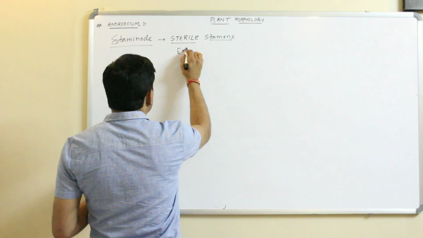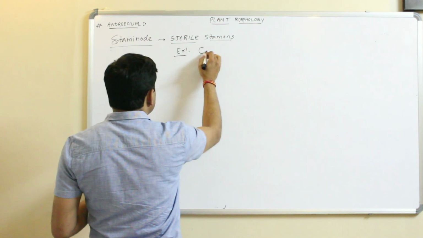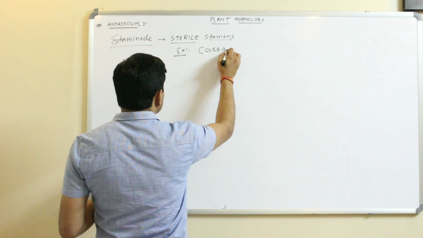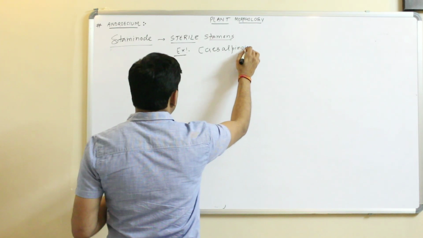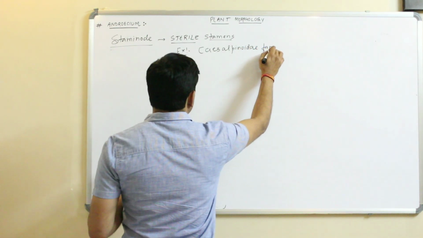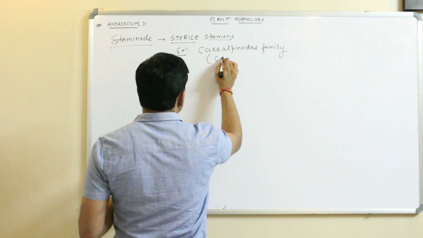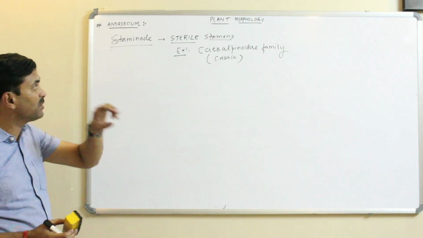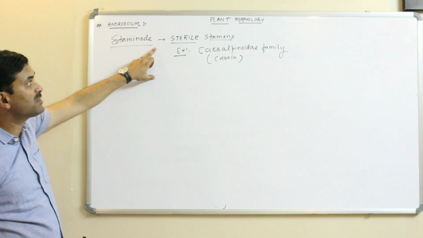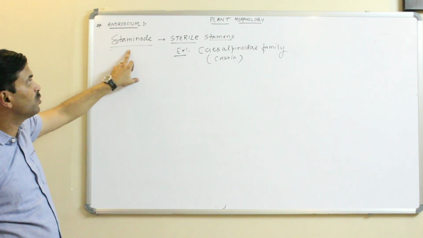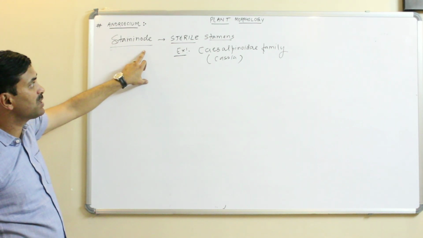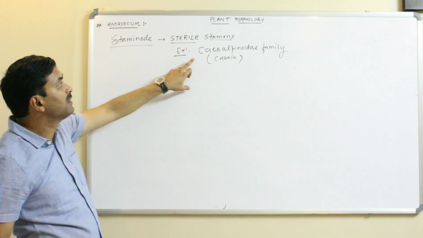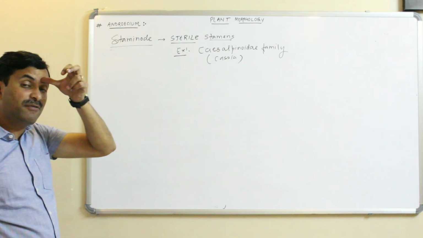And this staminode is the example of Caesalpinoideae family, right, means Cassia family. In Cassia family, the staminode is found. Staminode is what? Sterile stamen. Okay, so staminode condition is found in the Caesalpinoideae family, which is also called as the Cassia family.